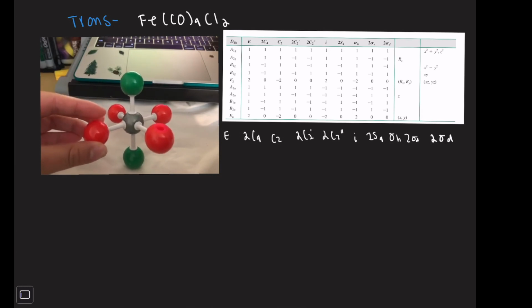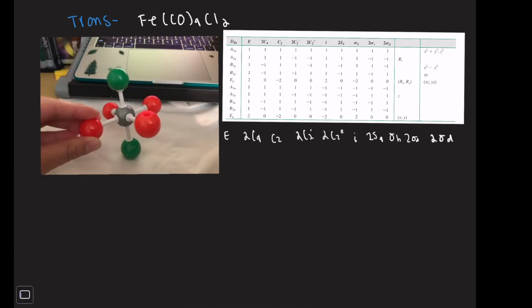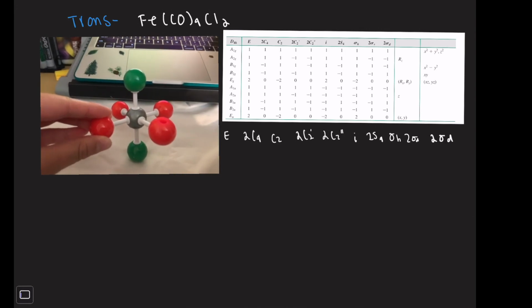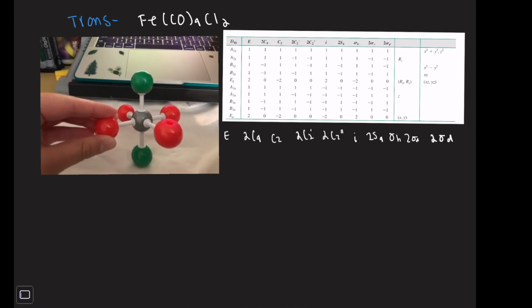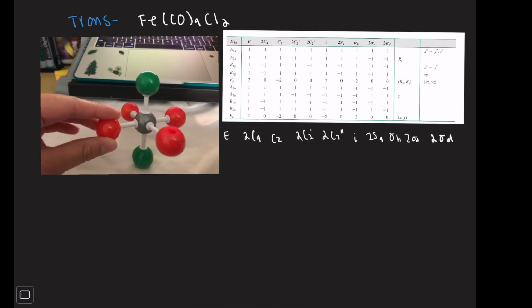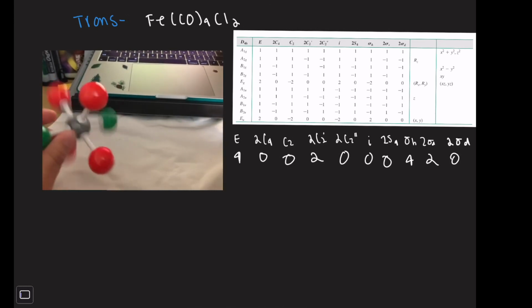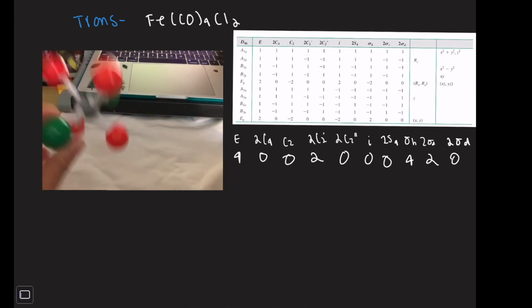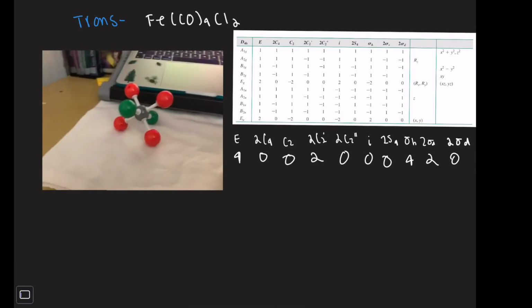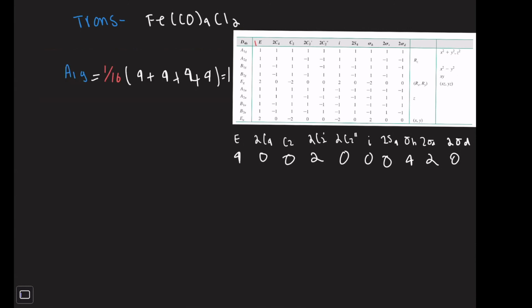So now, using this, we can determine the operations that we have. So now that we have that, we can just do the math. It's really long for this one. So I will just write it over here. You just add them up like we've been doing. So I'm just going to write the answer for these.